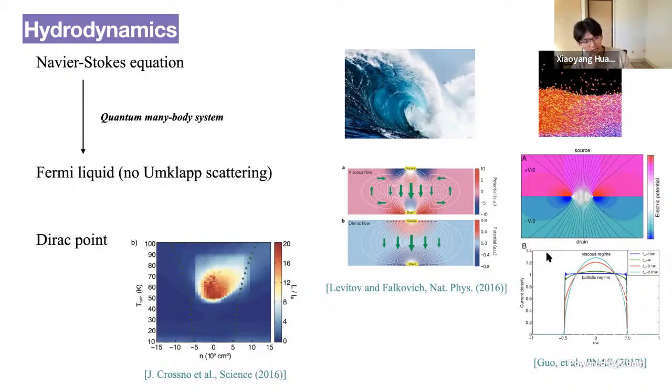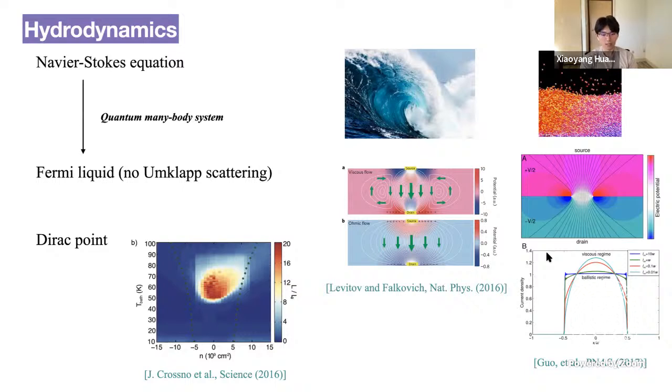Another interesting experiment, actually, I think this is a very striking observation that stimulated many discussions and progress recently about this hydrodynamic behavior in quantum many-body systems. So people looked at graphene where the sample is really clean and near the Dirac point where you can basically neglect the Coulomb scattering.